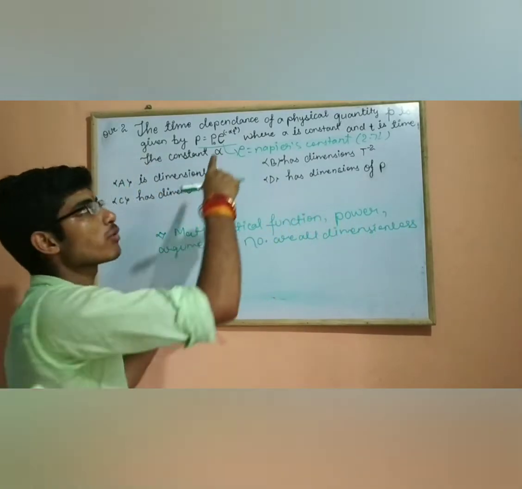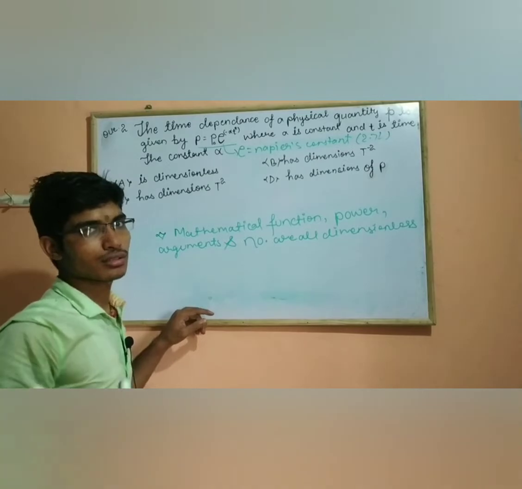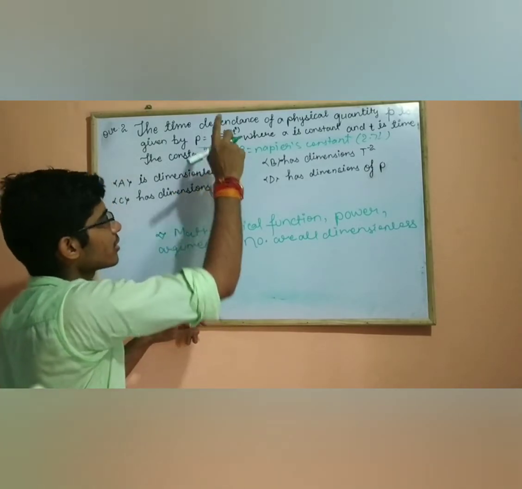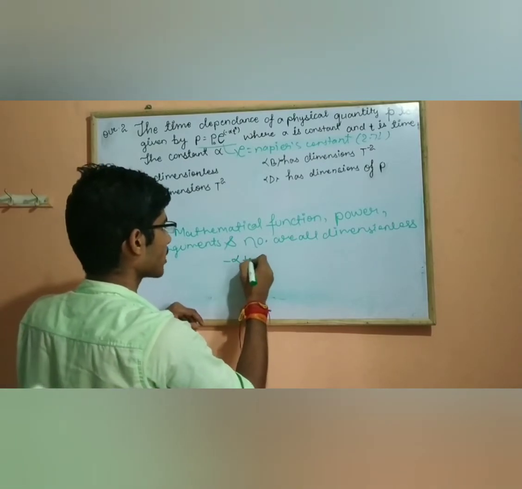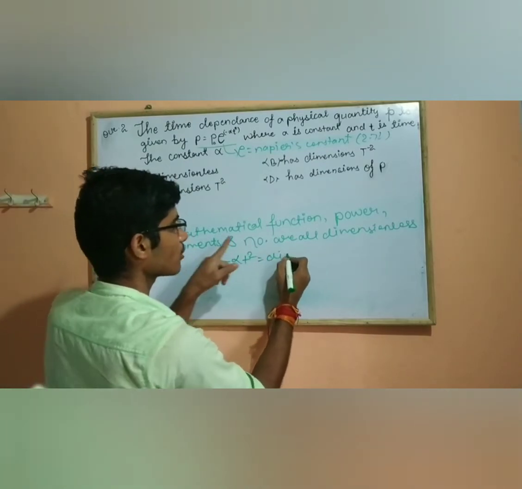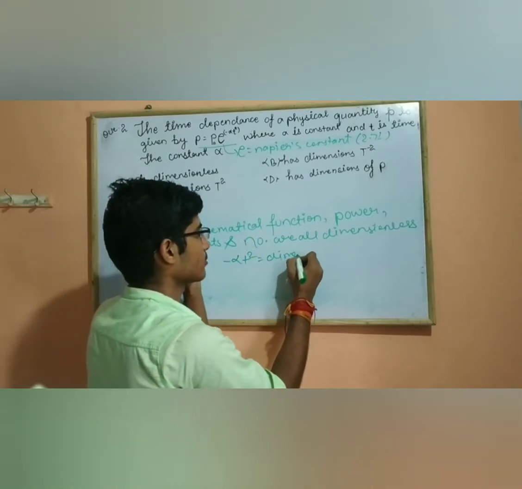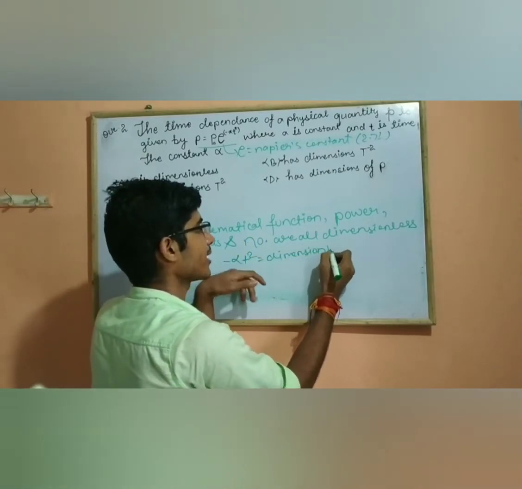So here alpha is in the power, so this quantity in the circular bracket, which is minus alpha t square, must be dimensionless by this application of dimensional analysis. So it should be dimensionless.